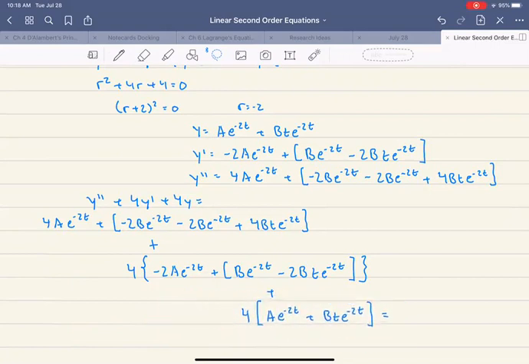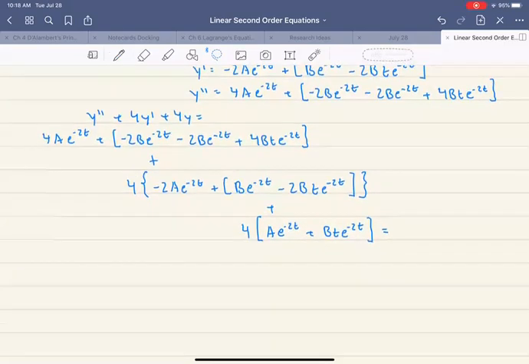Okay, so what we're going to do is take the terms that have a and b separately, and we're also going to take the b terms and then the bt terms separately, okay?